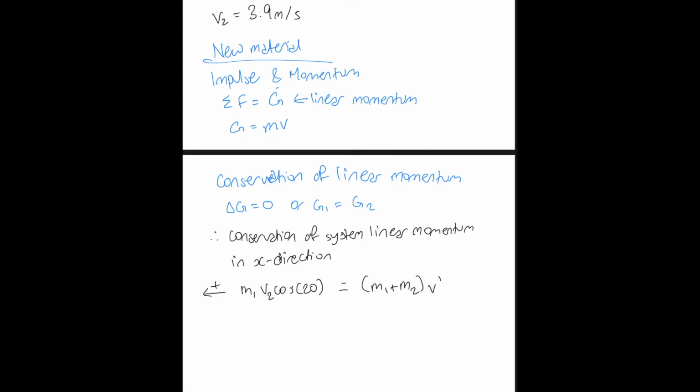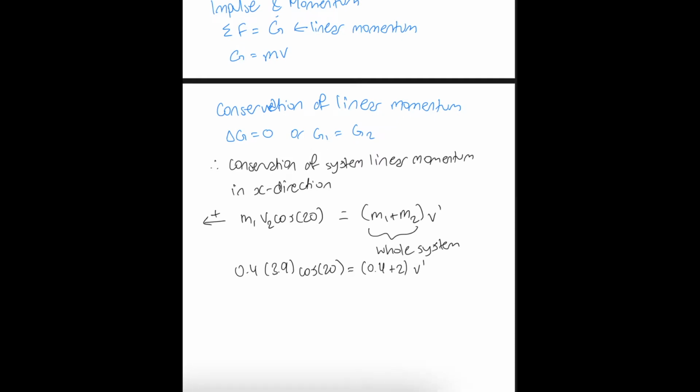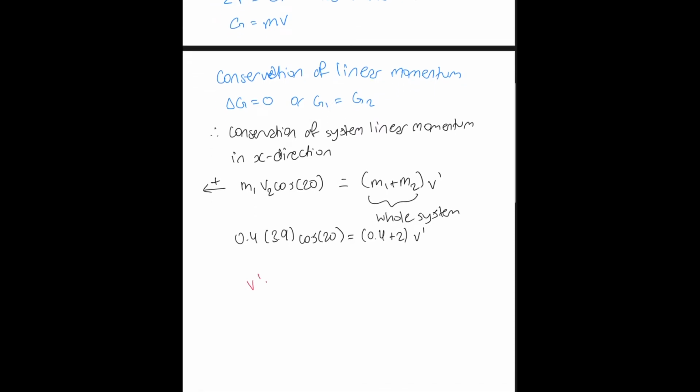This is the whole system. And since we have all of our values, we can find our velocity to be equal to 0.61 meters per second.